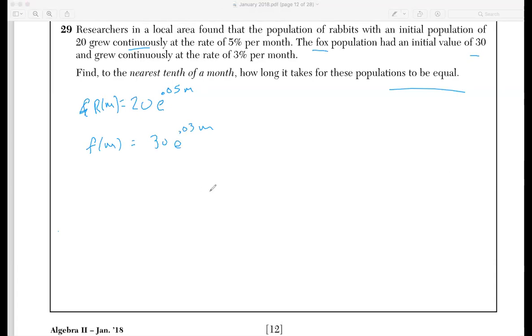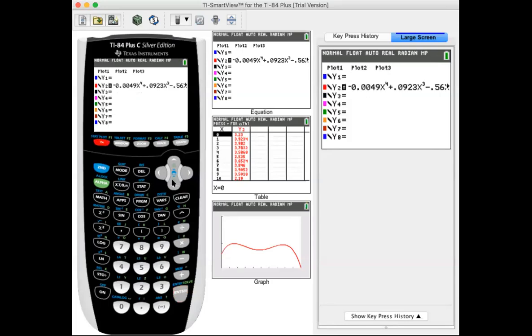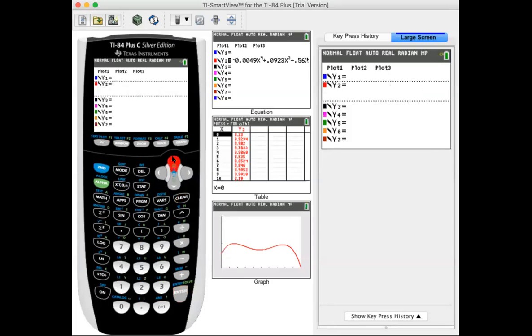What we do in this situation is use a calculator. Go here, we plug both of our formulas in.